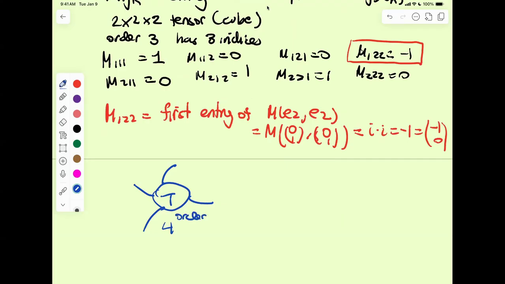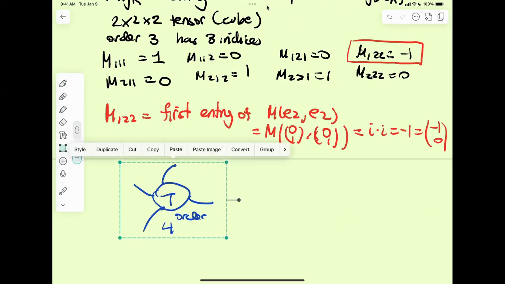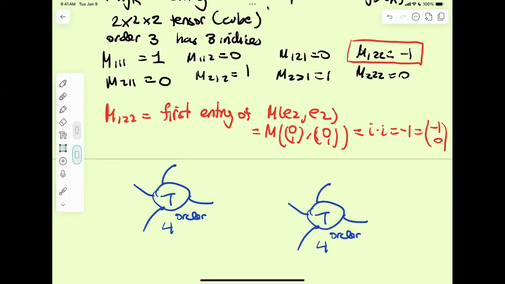But imagine you take this same tensor, and you want to remove 2 of the legs. You could remove 2 of the legs by feeding a vector to each leg, or you can feed a matrix to it, because the matrix has 2 indices, right? So you take a matrix, which has order 2, and then you're left with something of order 2.